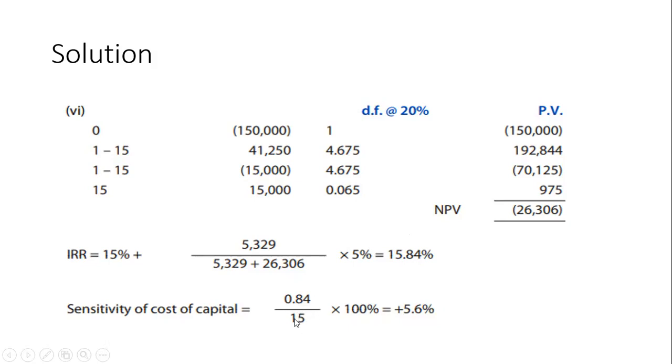You are looking at the gap between your IRR and your cost of capital. So it's 15.84 minus 15, giving you 0.84, expressed as a percentage of the cost of capital. That is 0.84 divided by 15 times 100, and that gives you 5.6%.